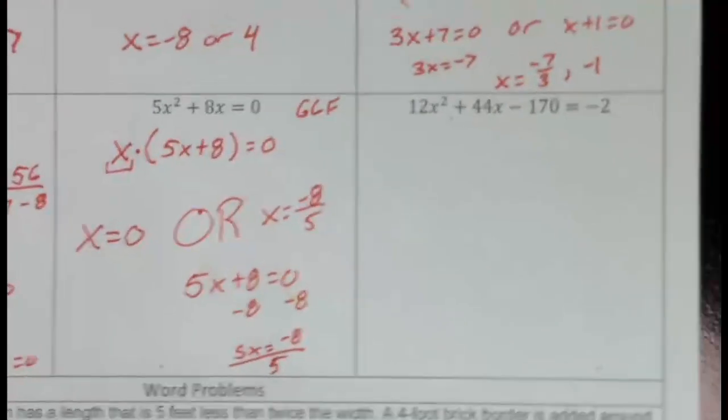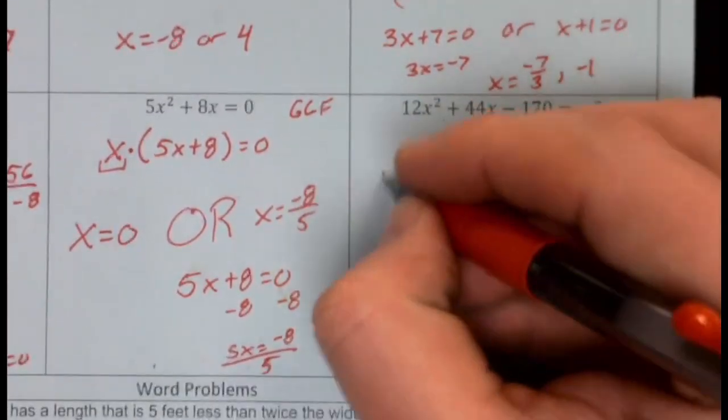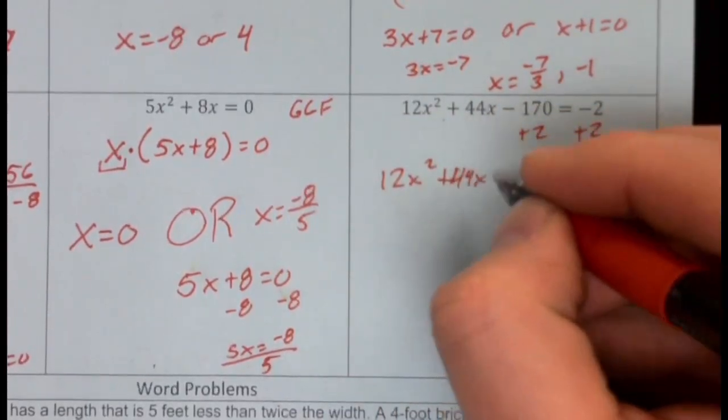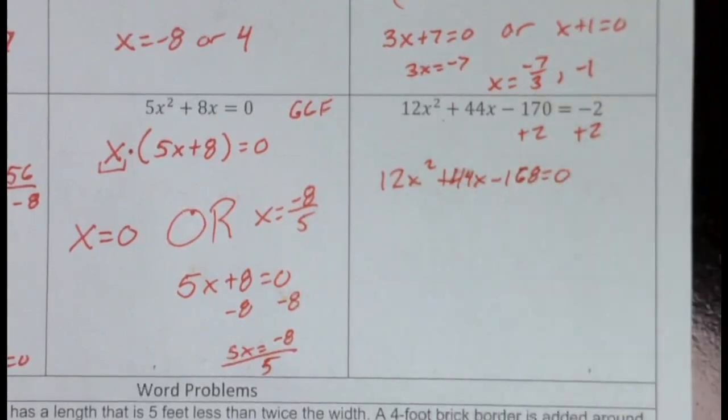Alright, this one, I'm going to add the 2 to both sides before I do anything. 12x squared plus 44x minus 168 equals 0. I see that every number in here is at least divisible by 2, if not by 4. I'm not 100% confident. Okay, it is. I just wanted to double check.